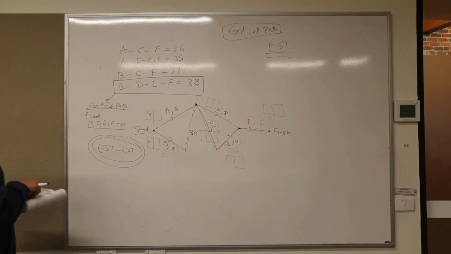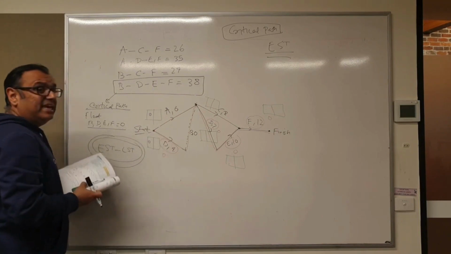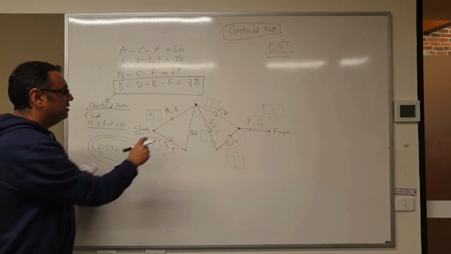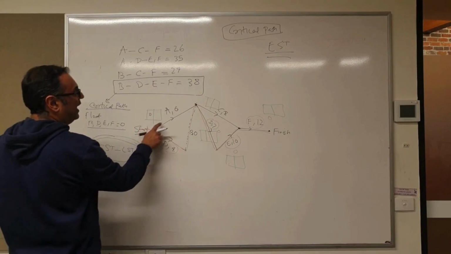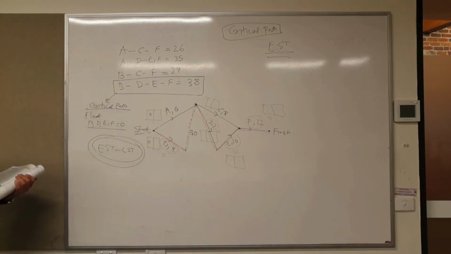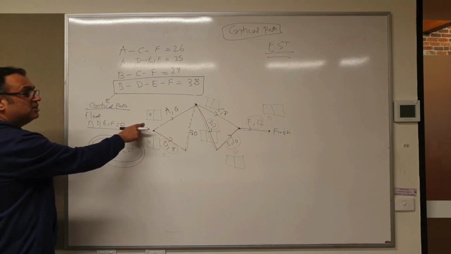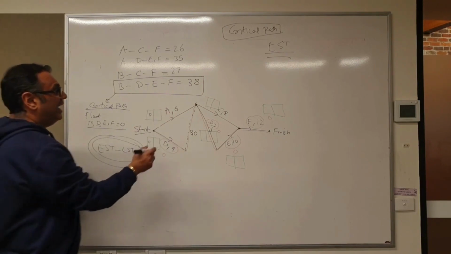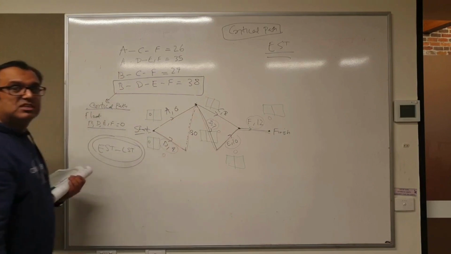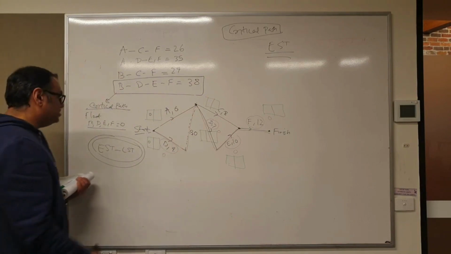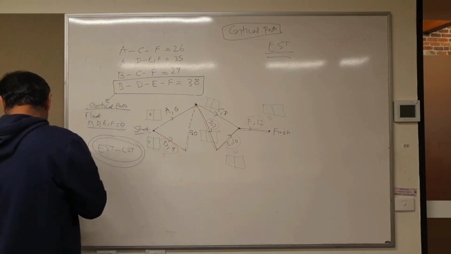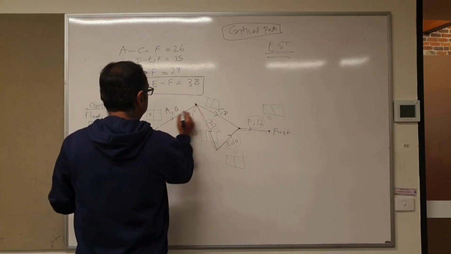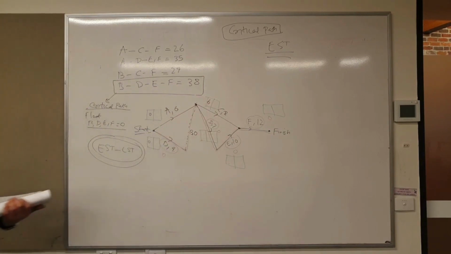Now, for EST, we keep adding the number that we are getting along our path. So let's go from A to C. A was a 0 at the start, took 6 minutes, and you eventually reached C. So by the time you reach C, this was 6, right?